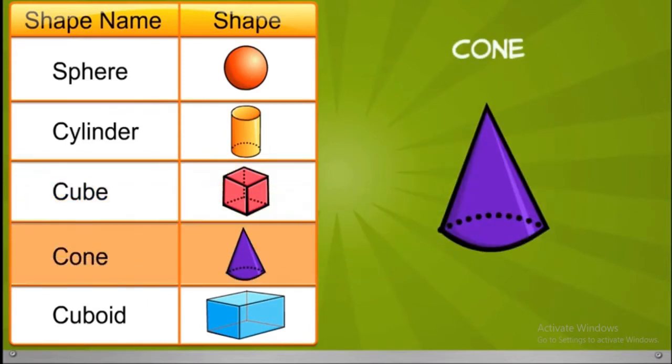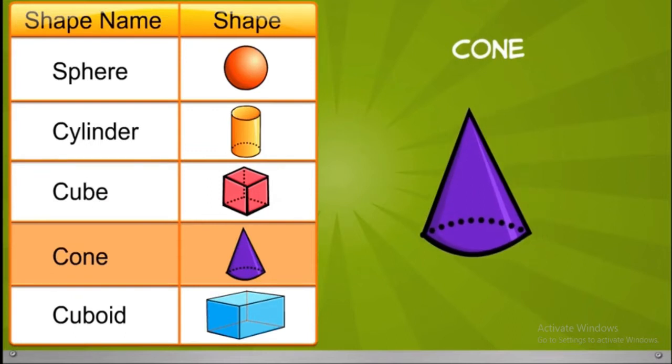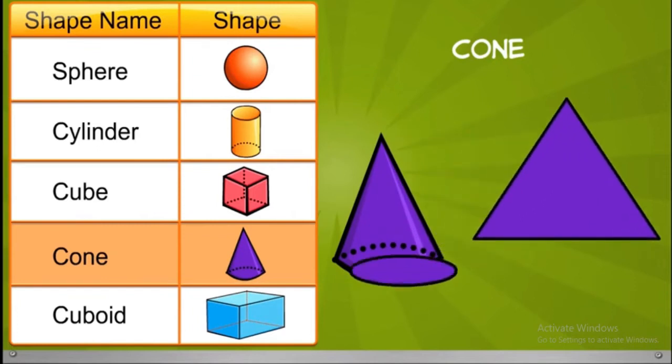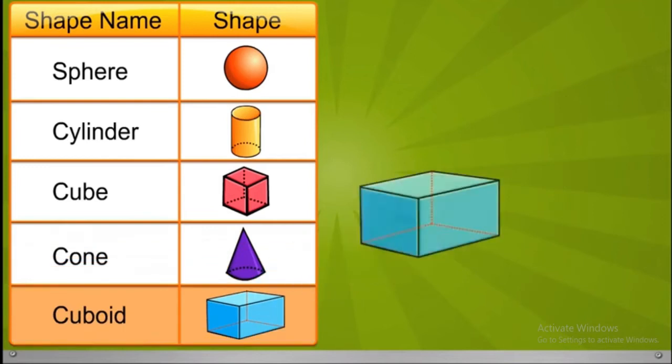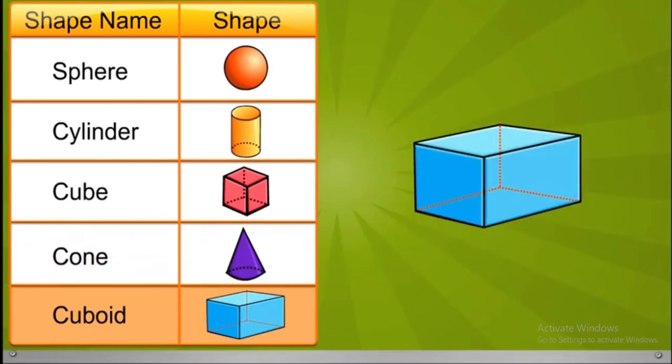A cone looks like this. What two shapes can you see in this? Correct. A triangle and a circle. And this shape is called cuboid.